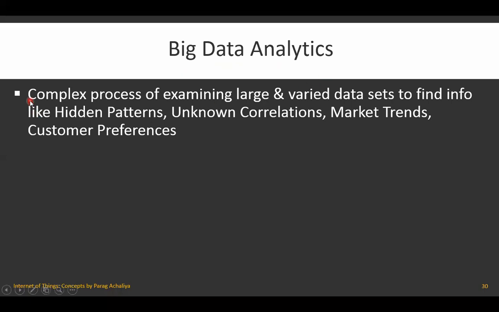Customers provide feedback, and on the basis of that feedback we come to know customer preferences or choices. We identify the market trend, where exactly the market is going, and we try to find hidden patterns from the data analysis.